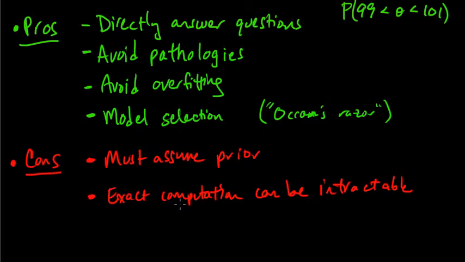We have to take an expectation with respect to the posterior distribution. Doing those operations for interesting models often can't be done analytically, and if you were to try to do them on the computer, it would take you way too long. So oftentimes you have to resort to approximations, and that's a disadvantage.